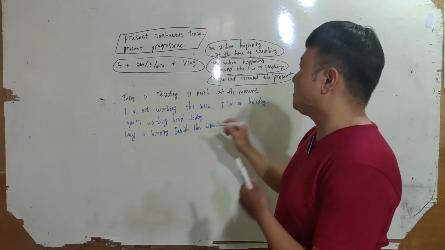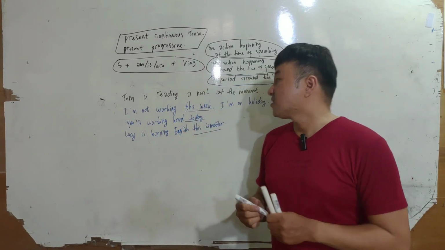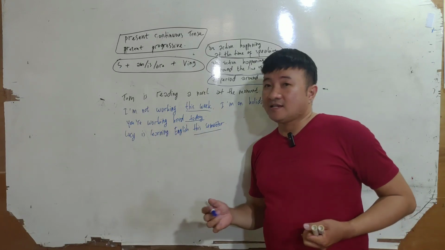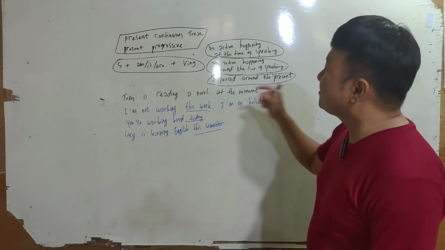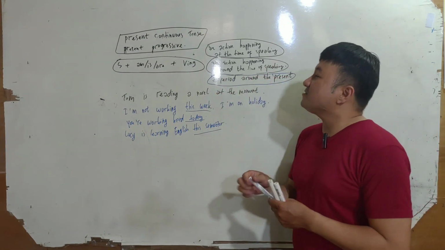See? So this semester is a period around the moment. So we can use this present continuous tense to talk about things that are happening around the present. Okay, hope it's clear.